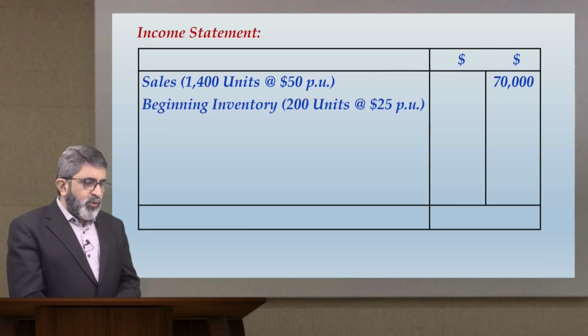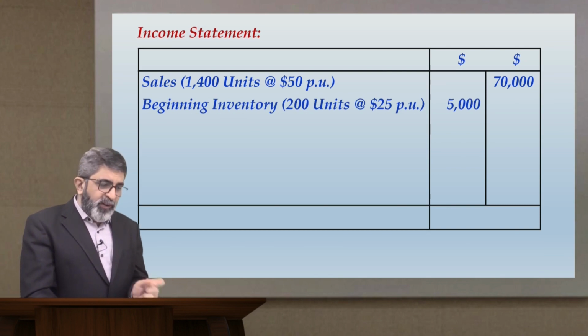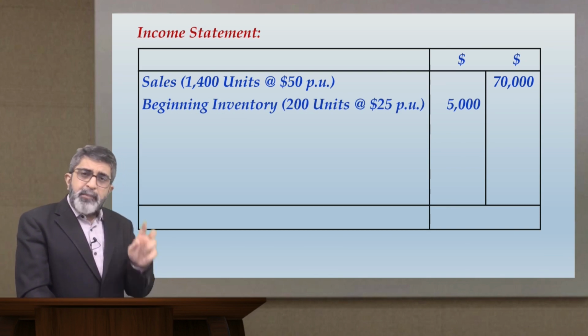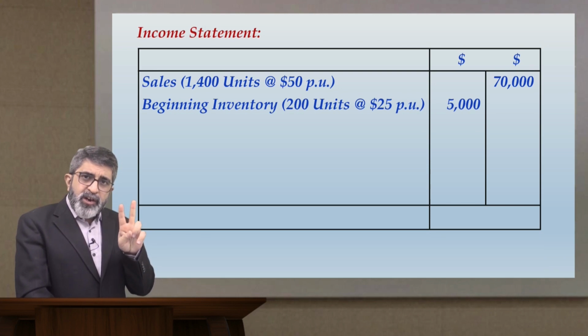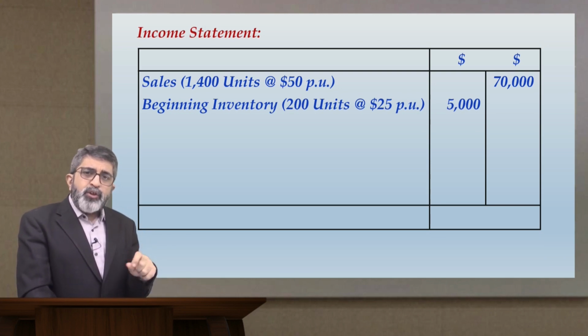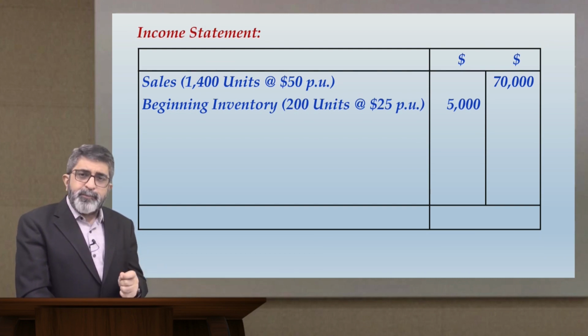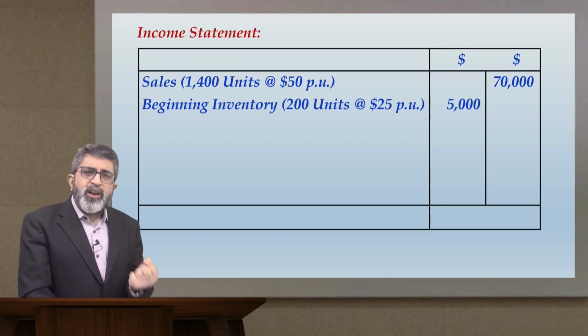Now coming to the cost of goods sold, you first start with your beginning inventory. Beginning inventory, quantity wise, there were 200 units. Each unit is at a cost of $25 per unit. So $25 multiplied by 200 units will give you $5,000 as the value of your opening inventory.